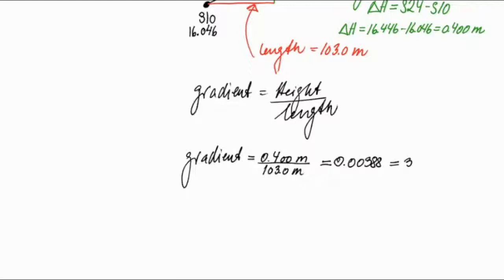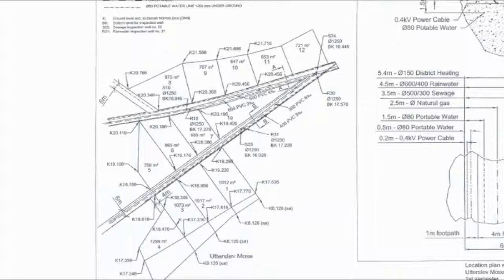It is 3.9 promille. Remember, we give the promille with 1 decimal when it's under 10. Let's check with the promille given on the plot. It is 4, and we got 3.9, and that is the reason why we always check things.